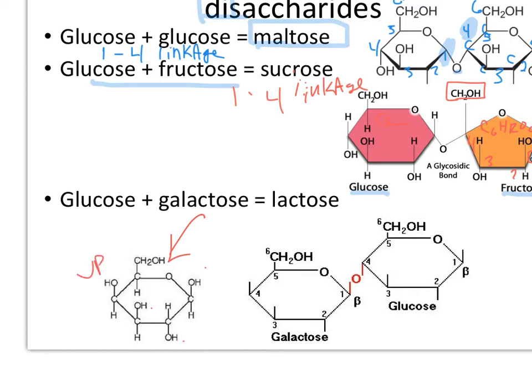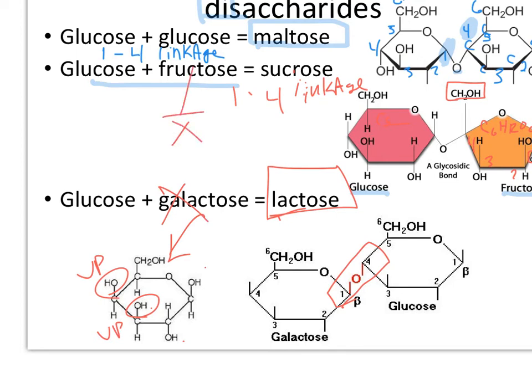So it gets a different name because of the orientation of these OHs. So when, again, a 1,4 linkage, when these two link, we get lactose, and that's the sugar that's in milk. I do not expect you to understand the orientation of galactose. I don't expect you to understand the orientation of fructose unless I specifically tell you that.